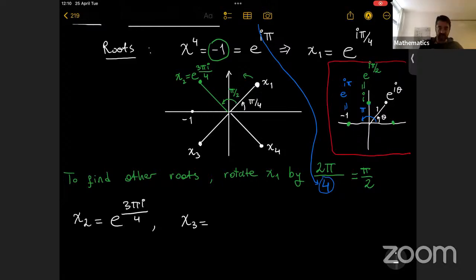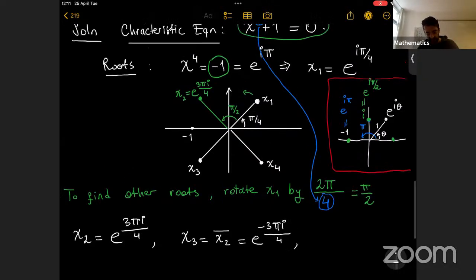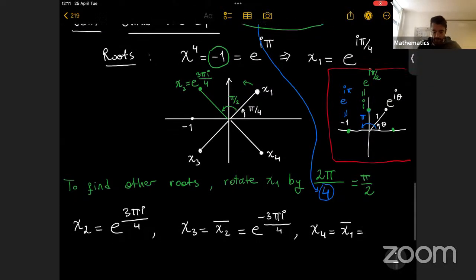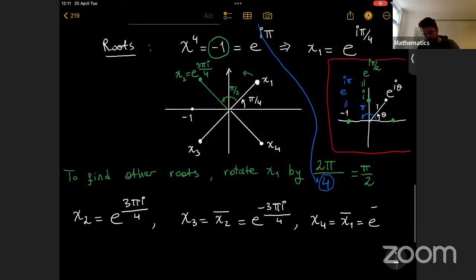But lambda 3 is basically the conjugate of lambda 2, which is e to the minus 3 pi i over 4. And similarly, lambda 4 is the conjugate of lambda 1, which is e to the minus i pi over 4.